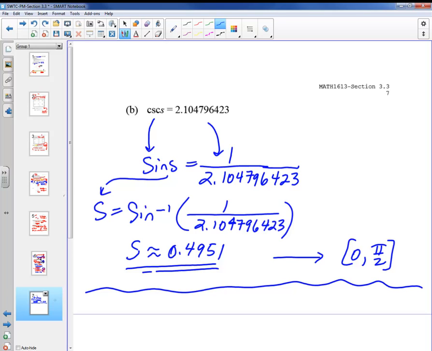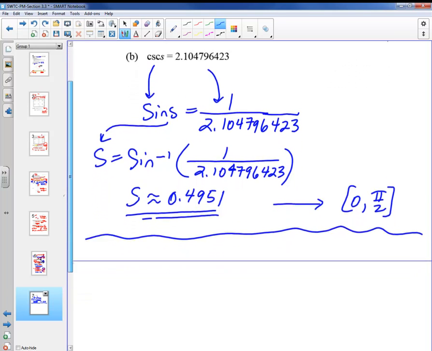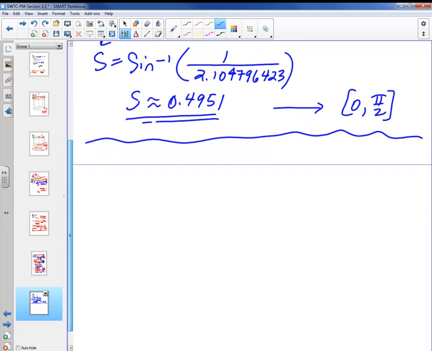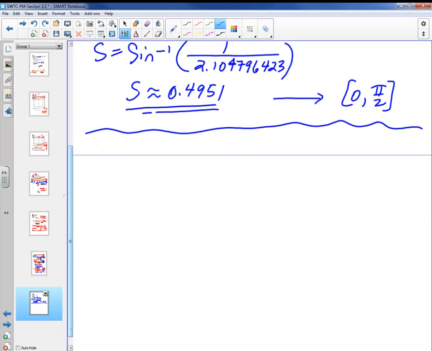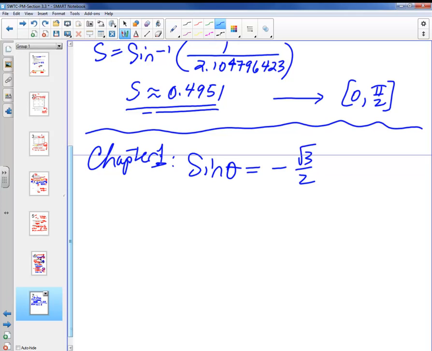Okay. Now, before I stop here, I want to remind you that you've seen this kind of problem all along. In chapter 1, you had equations like this: maybe sine of theta equals negative square root of 3 over 2, and you were finding that angle theta.